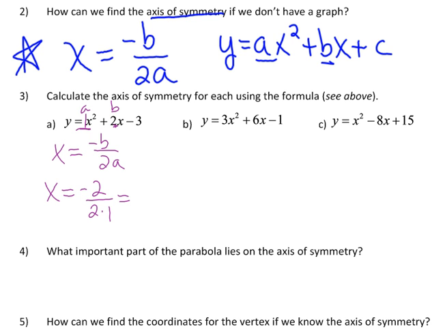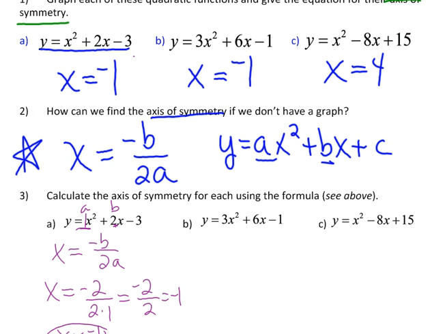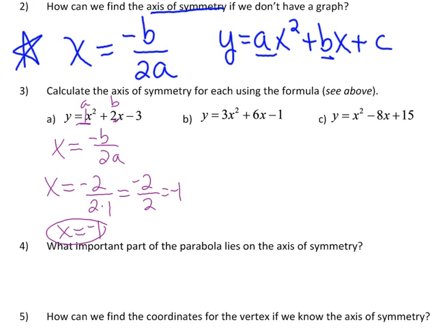If we simplify, we get -2 over 2, which is -1. So x equals -1, and that's what we said up here from the graph. Let's practice that again with the next one.